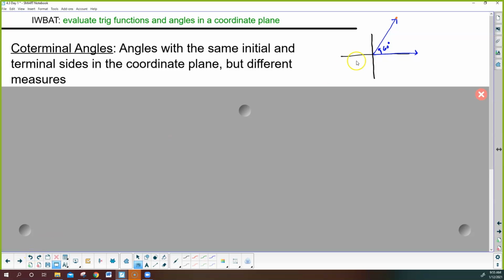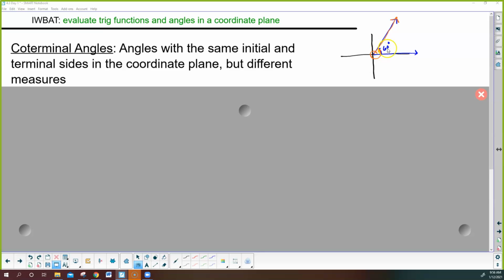I don't love how that showed up. So I'm going to go all the way around the circle, and then I'm going to end at the exact same spot. So this angle shares the same terminal side and the same initial side, except they have different measurements.